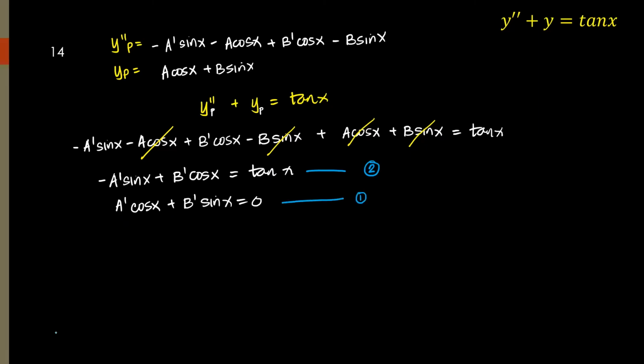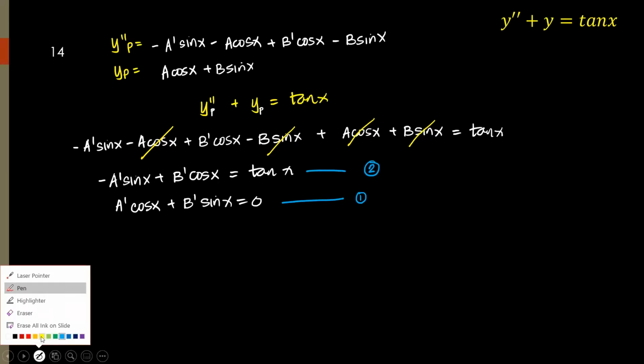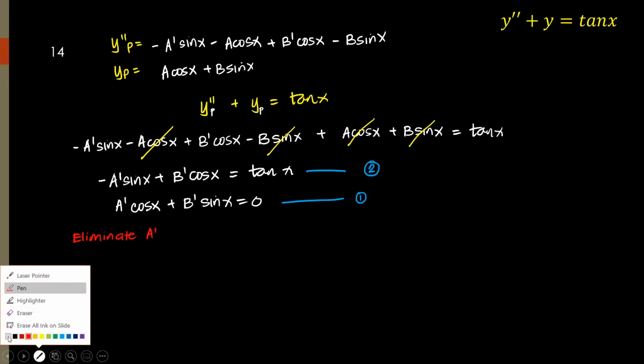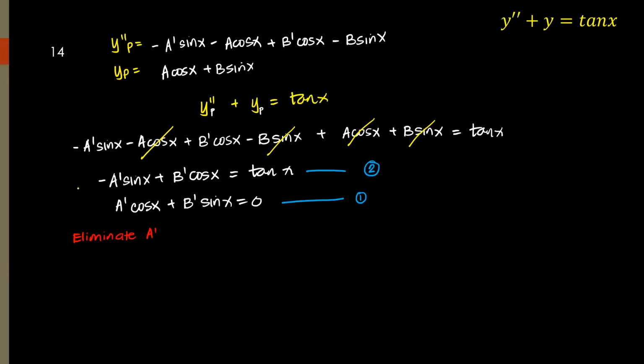Now, we will use the method of elimination. It's up to us what to eliminate. If I want to eliminate a prime, can I multiply the top, equation number 2, by cosine, and then multiply the bottom by sine of x? I can, right?